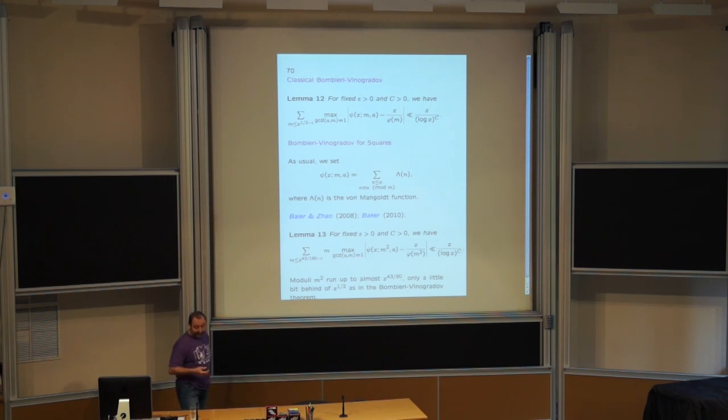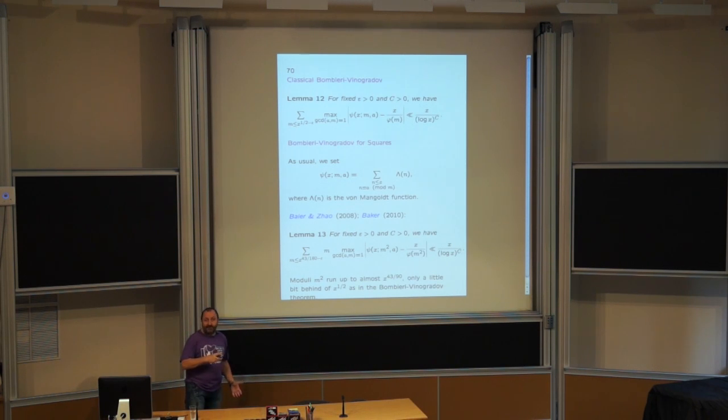And Bombieri-Vinogradov tells you that even if you sum up all these errors over all m up to square root of x, just a little bit less than square root of x, so now I put a lot of error terms together. If I do it in a naive way, of course I have to put x to the 1/2 on the right-hand side.